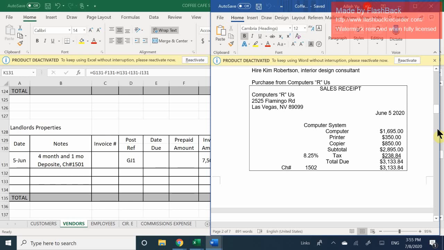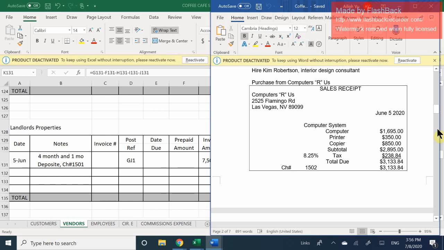Now, what do we know about assets? They depreciate. Good. But what else? What's in the cost of an asset? Everything. So, can we record the computer as $1,695?